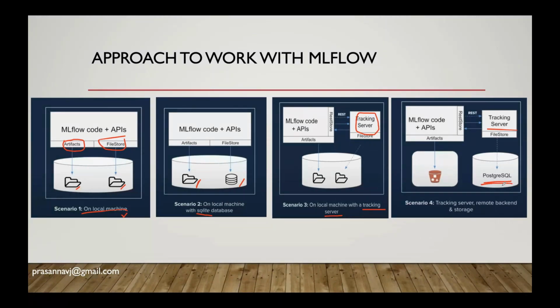All can be tracked as a separate entity altogether. In the local machine, you might be just using MLflow for your actual operations. So these are multiple varieties by which you can actually implement MLflow.